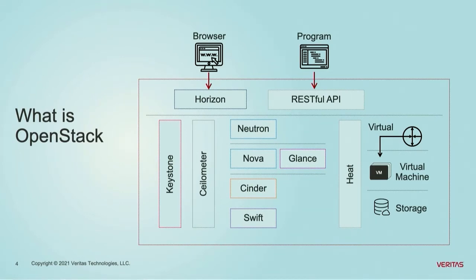An OpenStack deployment consists of several components, or what we would call projects, providing API access to these infrastructure resources. For example, Horizon is the web UI that OpenStack offers. Then there's Keystone for authentication services. You have Neutron, which is for networking, a software-defined networking project based on delivering network as a service.